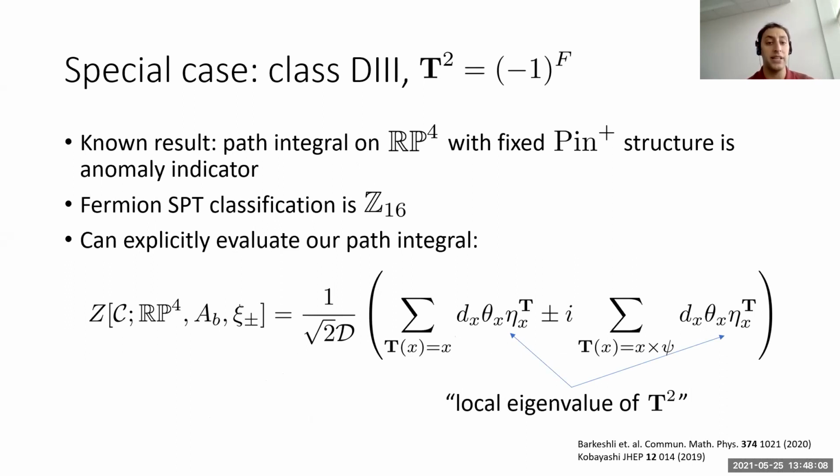And the fermion SPT classification is Z16. And we're actually able to explicitly evaluate our path integral in this particular case. And it depends on a bunch of data, like topological spins of the anyons, and something that we can define precisely, but intuitively, it corresponds to the local eigenvalue of T squared acting on a particular anyon.